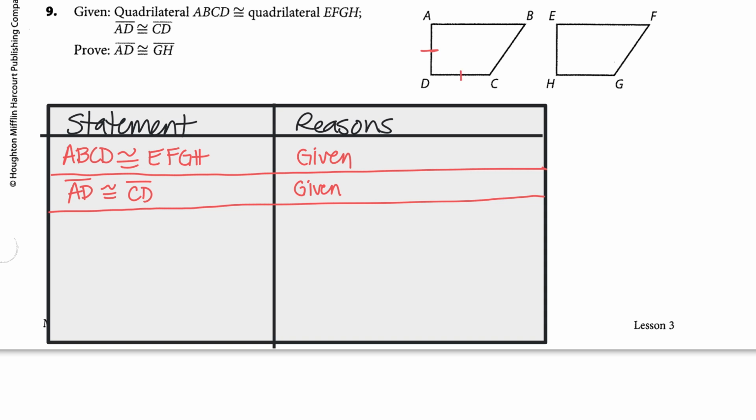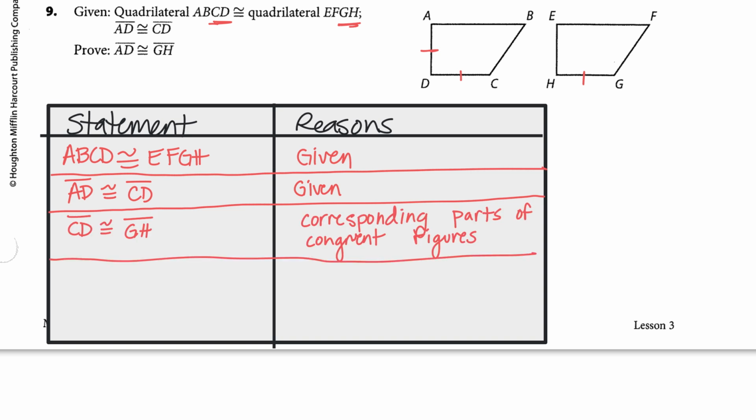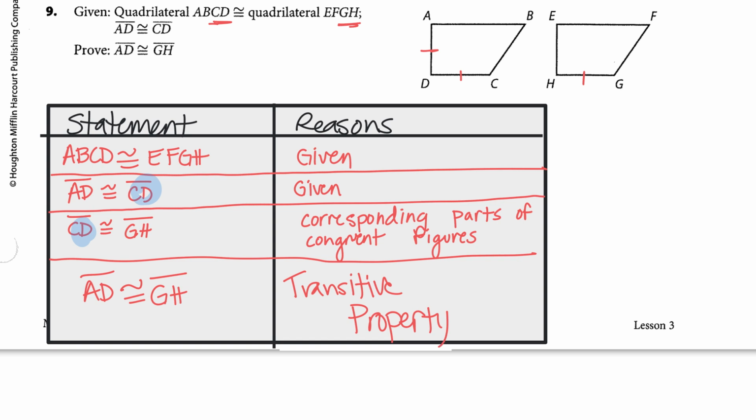But we know that CD and GH are the same by corresponding parts of congruent shapes. And CD is mentioned here twice. So by the transitive property, AD must be congruent to GH. And we have proven what we were asked to prove.